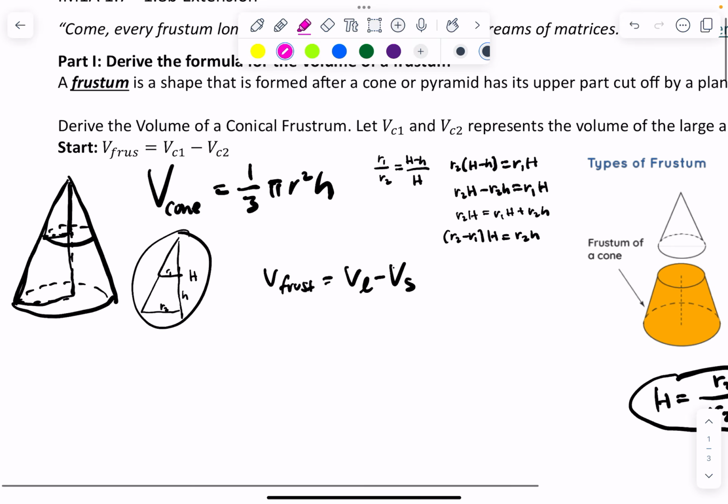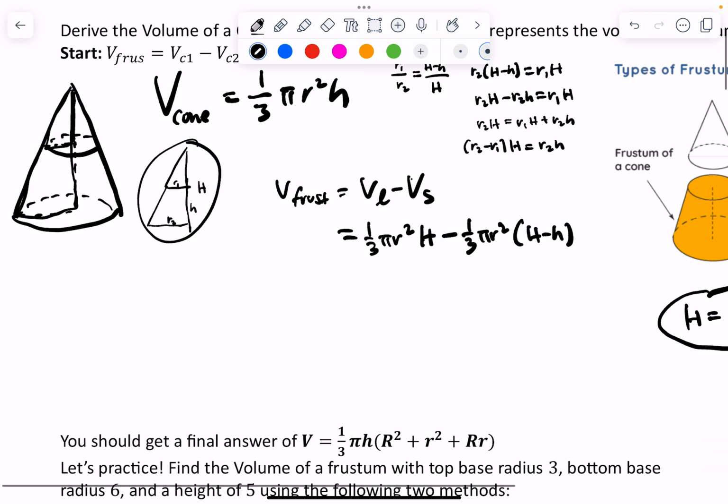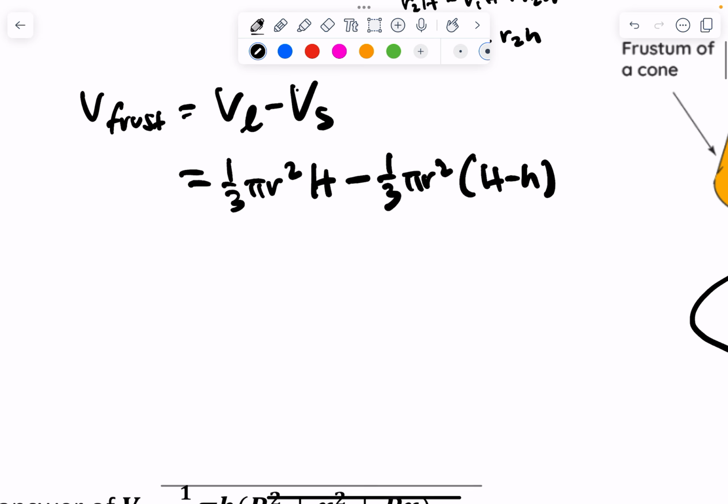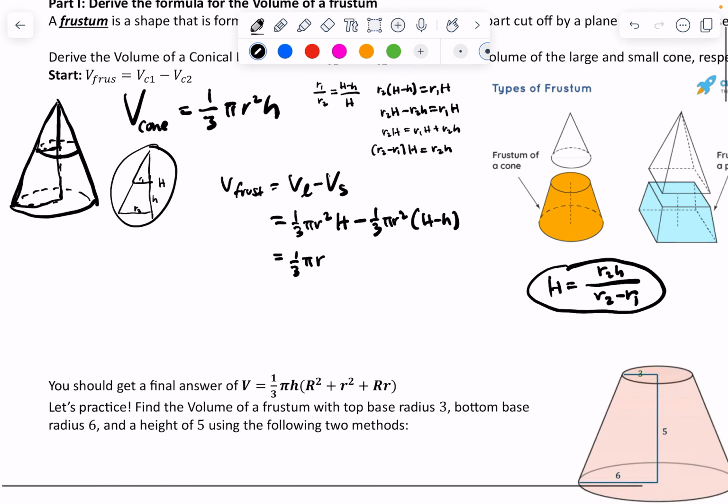The larger cone can be expressed as 1/3 pi r squared times big H, while the smaller cone can be expressed as 1/3 pi r squared times big H minus small h. If we take some of the things out, I should subscript this.